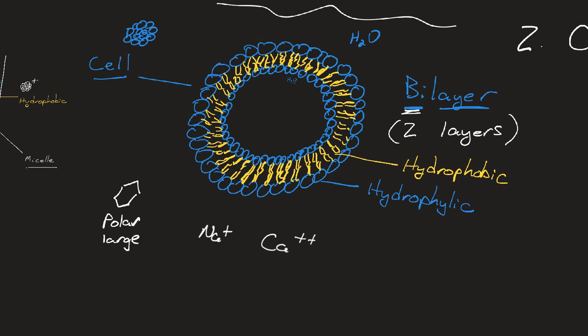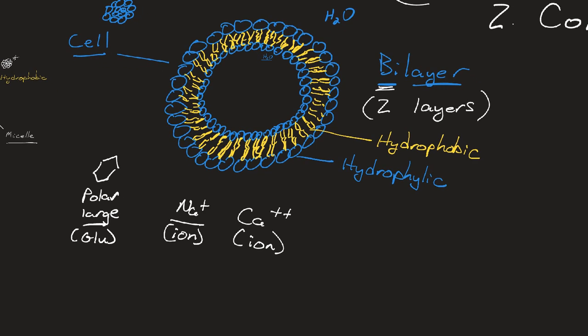By now, you should know that hexagon is glucose, but I'll put GLU for glucose. Sodium ion. I'm going to write the word ion just so I can emphasize that these words mean they're charged. Ionic, they have a charge. Ion means a charge. It could be more than one, like in this case it's 2, in this case it's 1, but it's a charge.